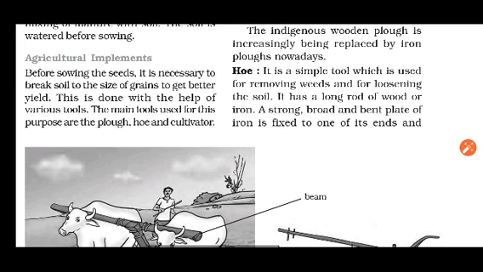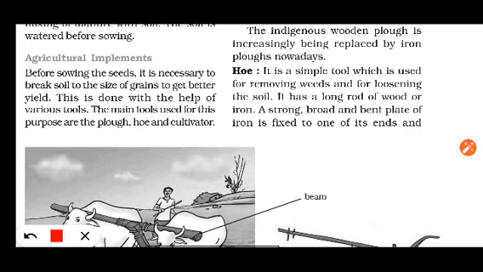Before sowing the seeds, it is necessary to break soil to size of grains to get better yield. As I told you, what is the first step? To prepare the soil, and in this step the farmer breaks the soil down into smaller pieces. This is called tilling.